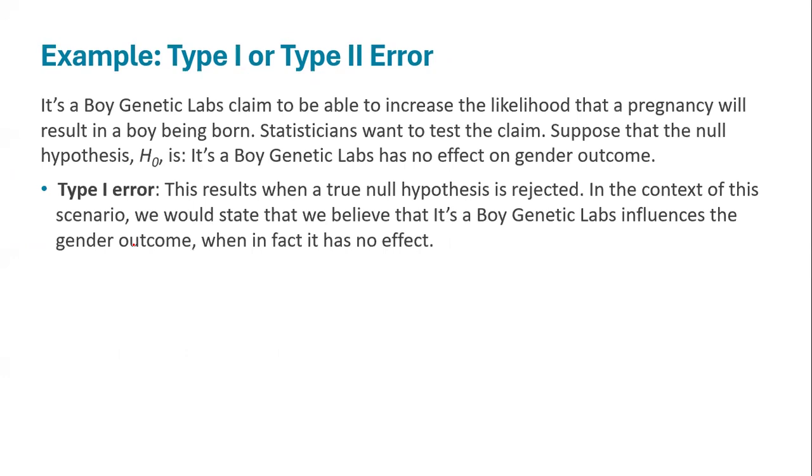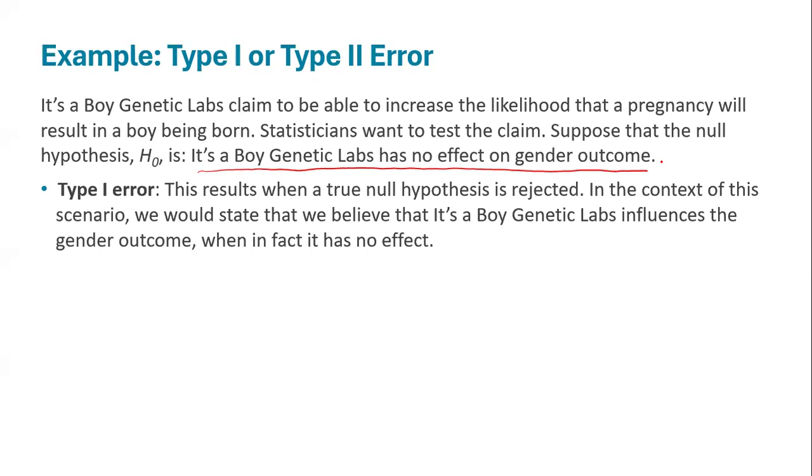So the next example says a boy genetic lab claims to be able to increase the likelihood that the pregnancy will result in a boy being born. A statistician wants to test the claim. Suppose that the null hypothesis is that the boy genetic lab has no effect on gender outcome. If that's the null hypothesis, type 1 error tells me to reject this, however it is true.